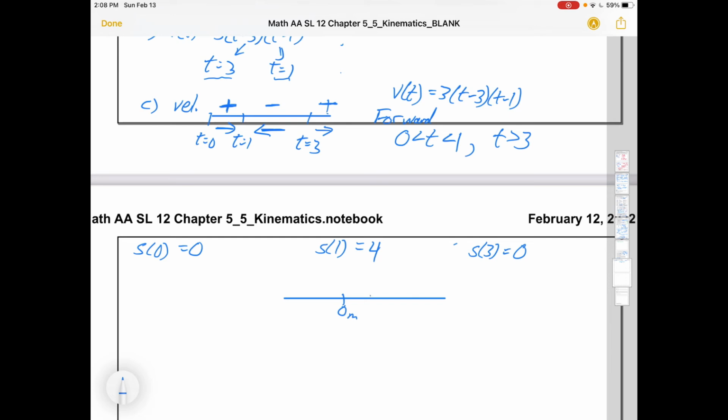So this is meters, 1 meter, 2 meters, 3 meters, 4 meters, and so on. So this particle is born at the origin. And then it moves right for a little while until it gets to 4 meters. And that happens on its first birthday.